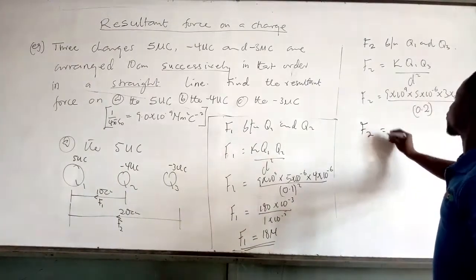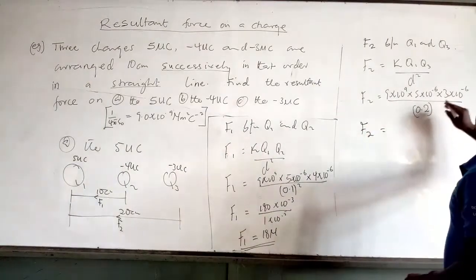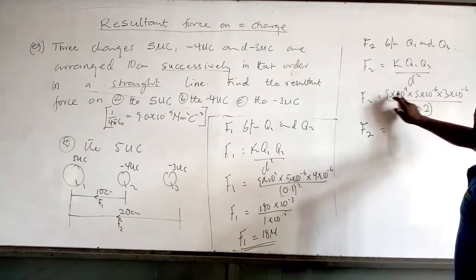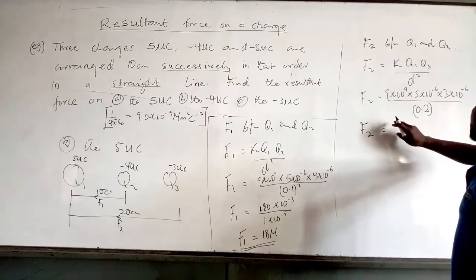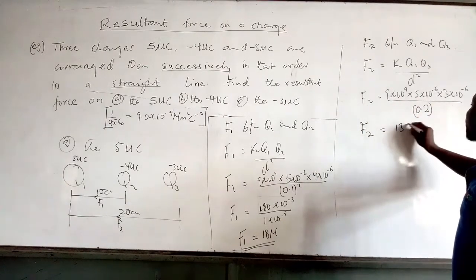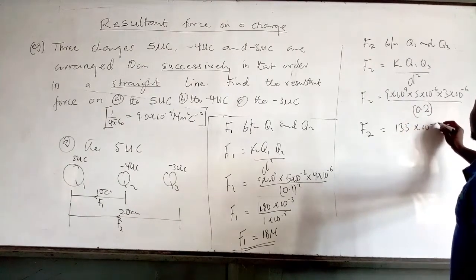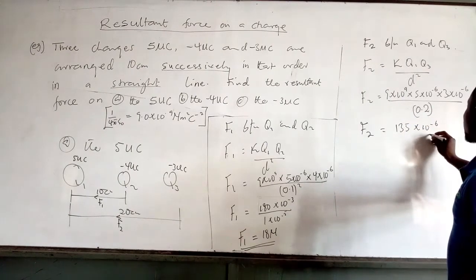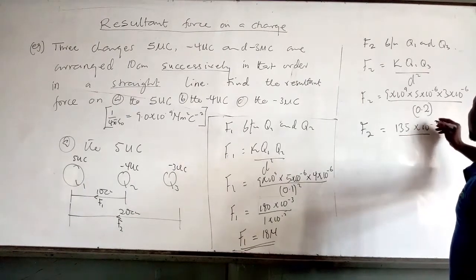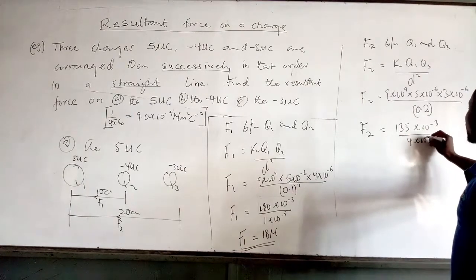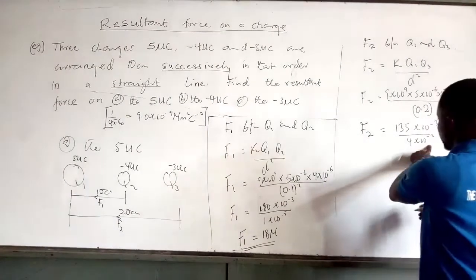So therefore, F2 is equal to 5 times 9, 45 times 3, 135, times 10 raised to the power minus 6. Sorry, minus 3. All over 4 times 10 raised to the power minus 2. Why? Let me explain this one.